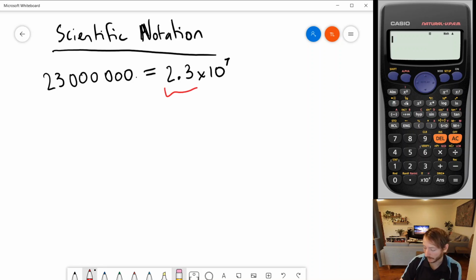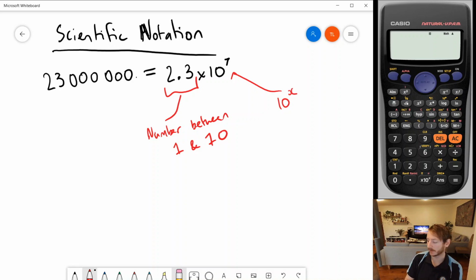So the first part, we get a number between 1 and 10. So you need to add a decimal point so that the number is between 1 and 10. The second part is 10 to the power of something. And for really large numbers, that's going to be a positive x. For really small numbers, we actually want to be dividing this number.